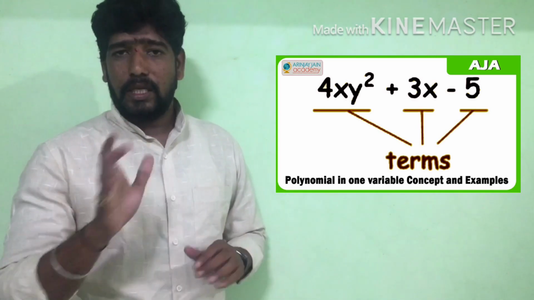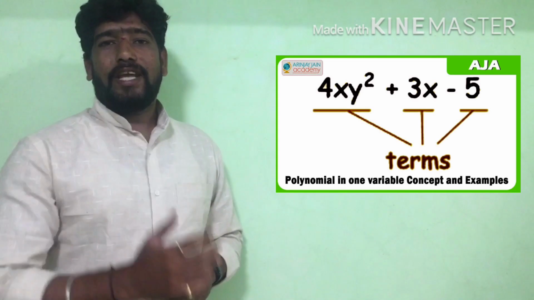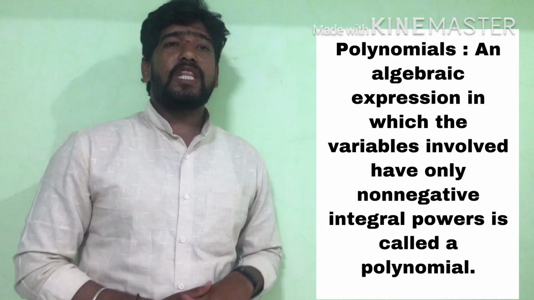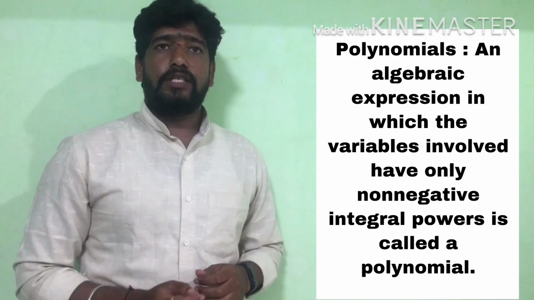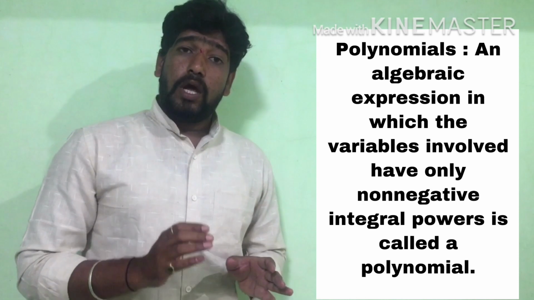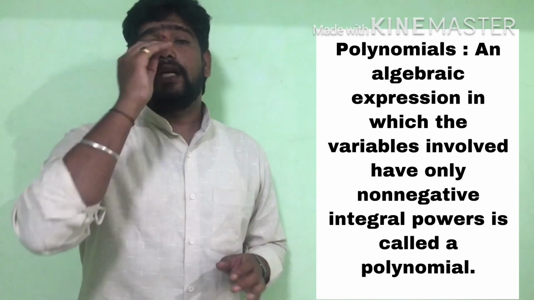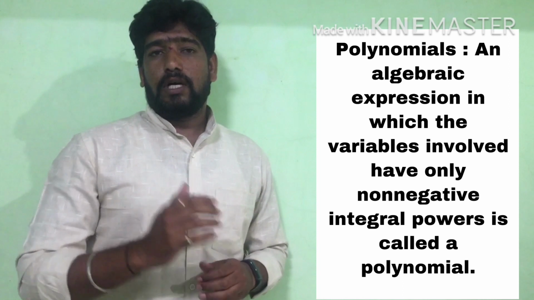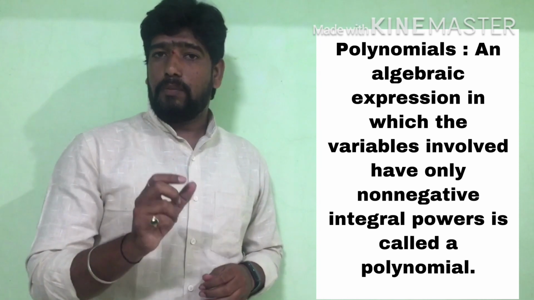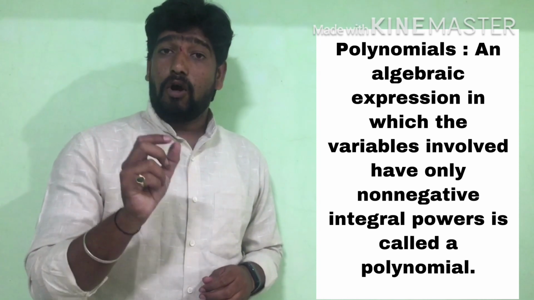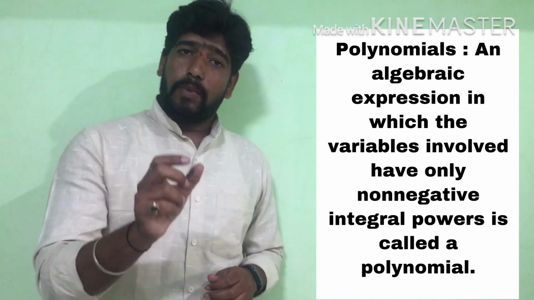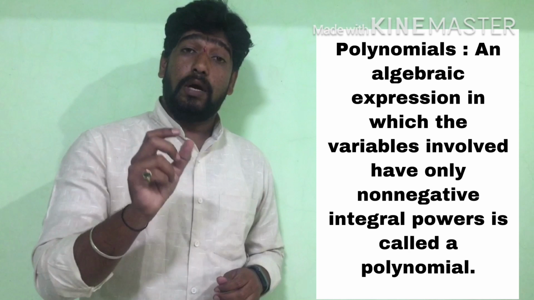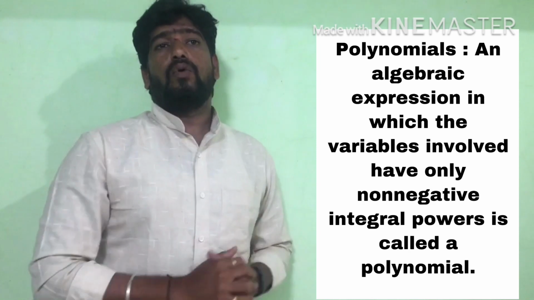These are the terms. Next we go to the polynomial. What is a polynomial? An algebraic expression in which the variables involved have only non-negative integral powers is called a polynomial. It means the variable has only whole number powers.